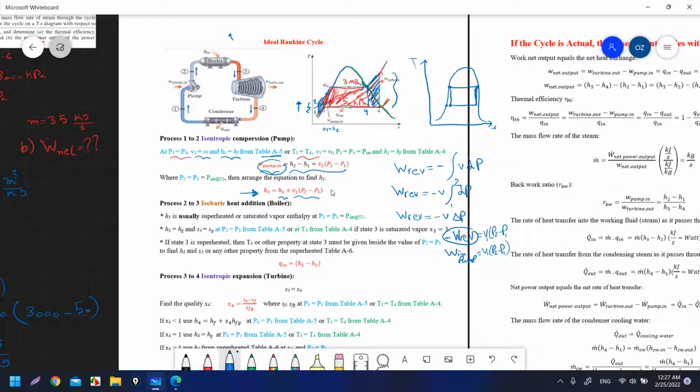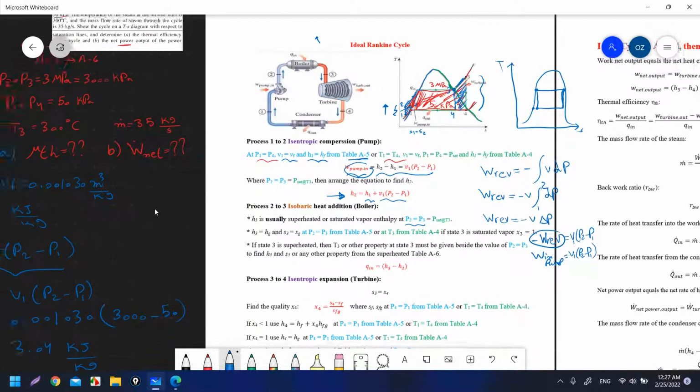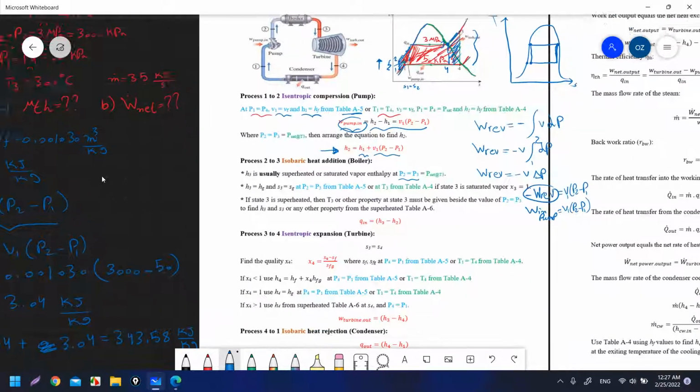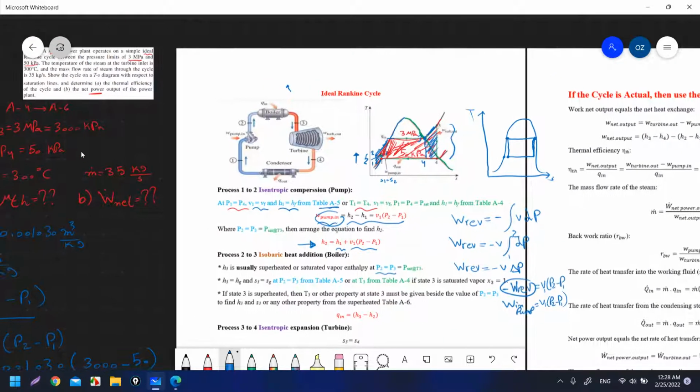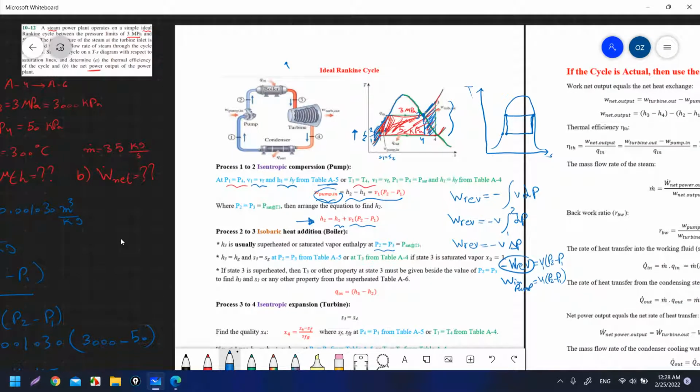Okay, so I can find this one at P2 equal to P3 because I have it. It is given in the question, P2 equal to P3. So how can I know if it is superheated or saturated vapor? In the question, he didn't mention anything about saturated vapor, or that he didn't superheat the steam. So I am predicting that it is superheating, but I have to check.